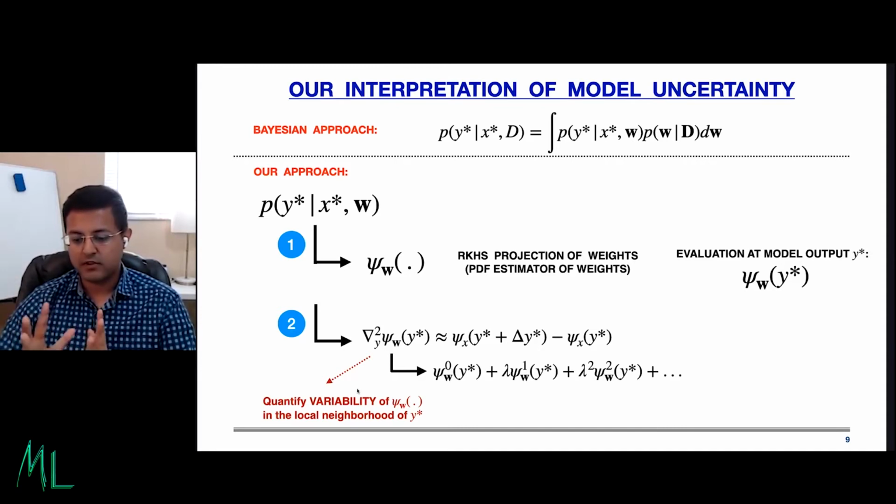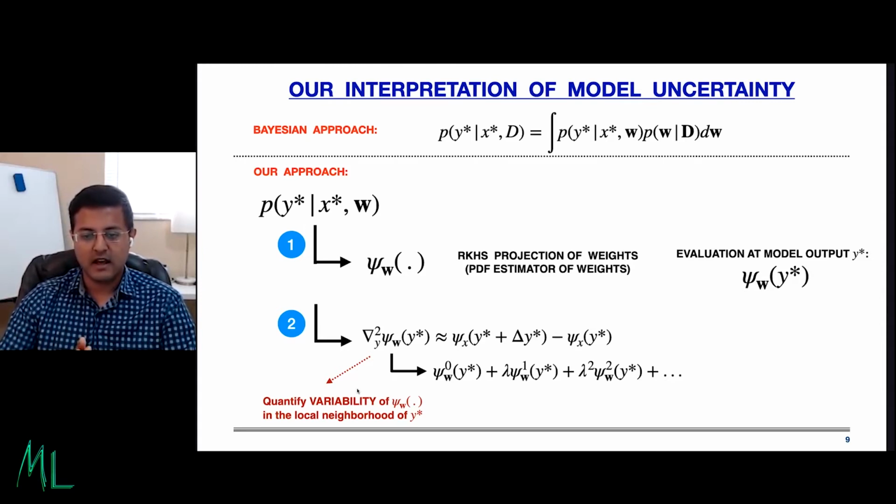This can be visualized in terms of Bayesian methods similar to regularization, which does the same thing but does not go as local as our method does. It basically quantifies how much your weight PDF varies around a given output of the model. That principle remains the same in our framework, but we do it in a more efficient manner, and we come up with a multimodal description of this local variability of weight PDF around a model output.